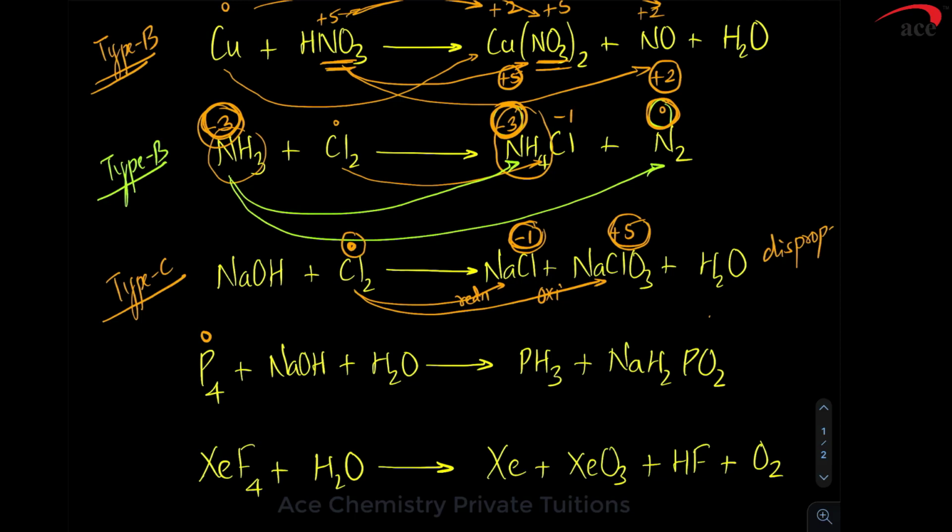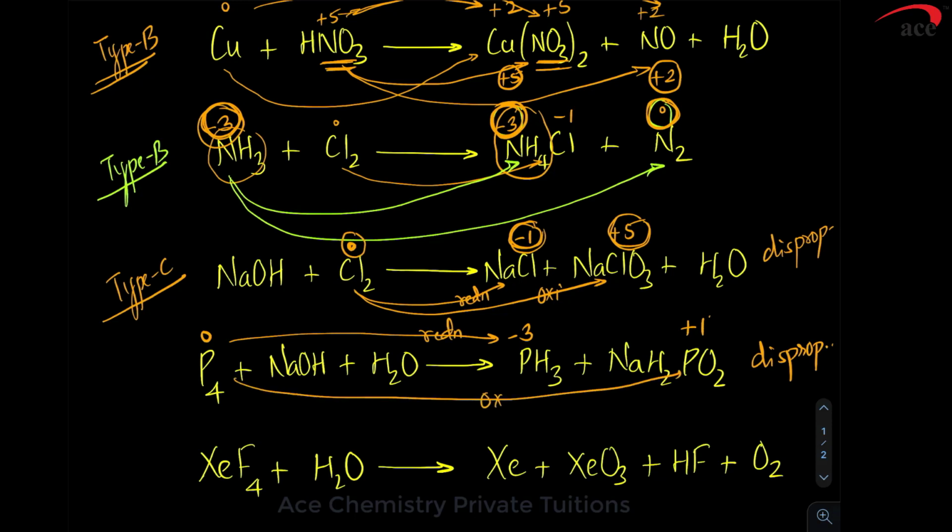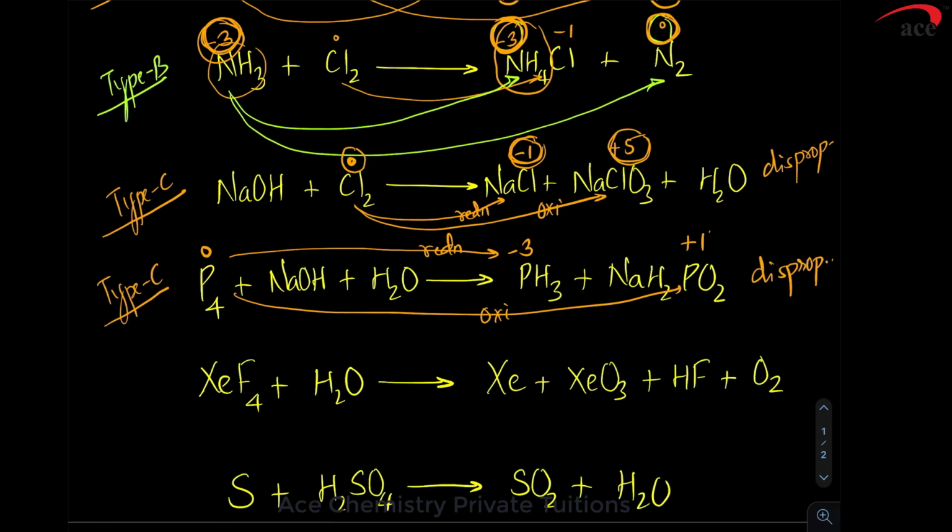If you check phosphorus, 0 in this case, -1, in this case +1, it is an example of disproportionation. In one place it is getting reduced, at the other place it is getting oxidized. That means disproportionation is type C for us.